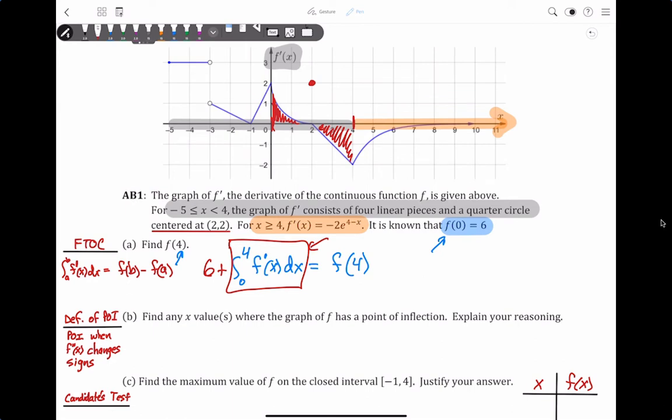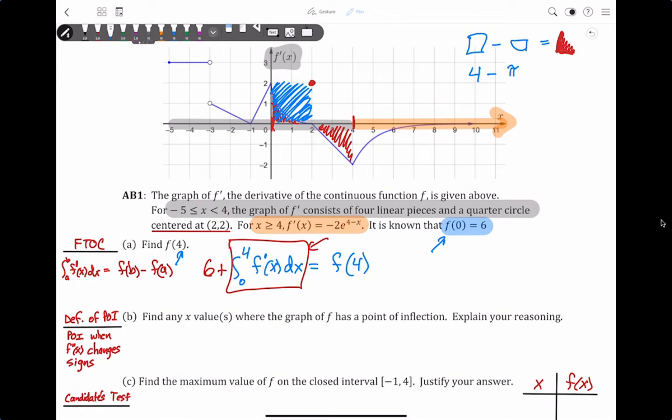So let's first look at from 0 to 2. We have a square, if you will, from 0 to 2, which is the big square. And it's like the square minus the quarter circle. That will give us that small little piece that I shaded in red. So the square is 2 by 2, which is 4, minus the area of that quarter circle.